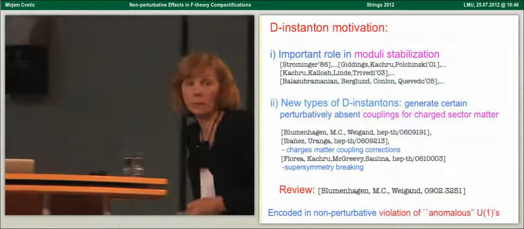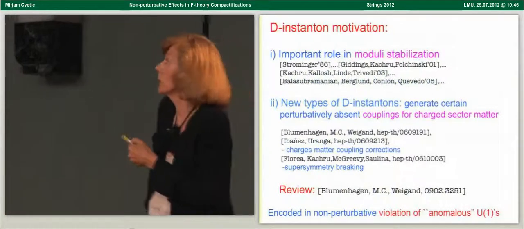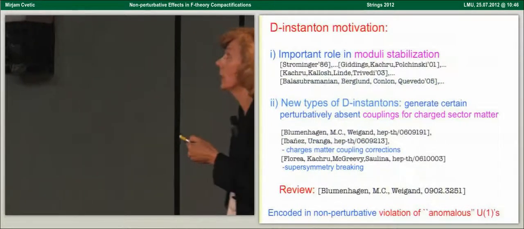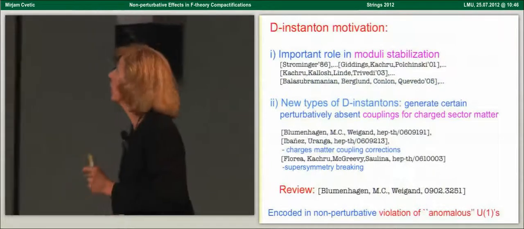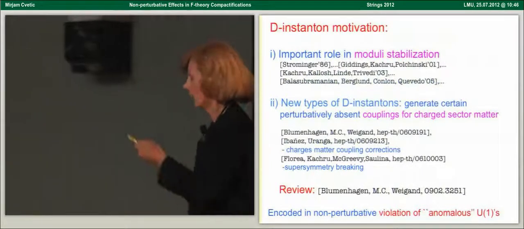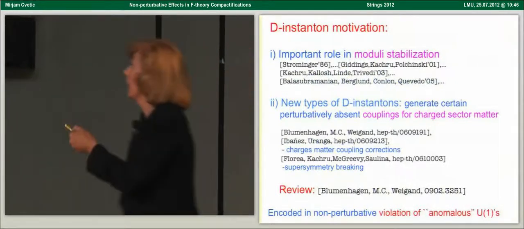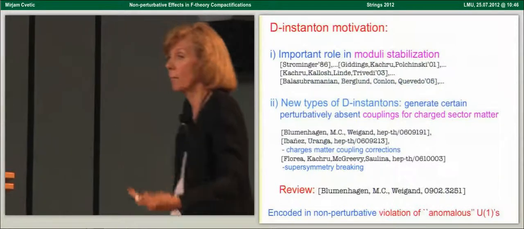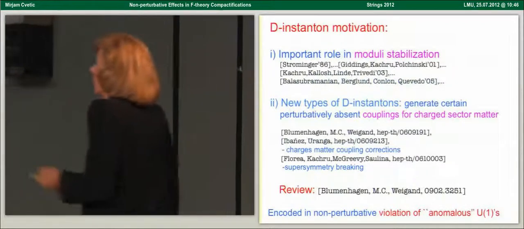Well, another type of instantons that is close to my heart are the instantons that, under certain conditions, can generate perturbatively absent couplings for charged physical matter. And in this case, the instantons can affect couplings, for example, in the charged sector that describes the standard model of string compactification.